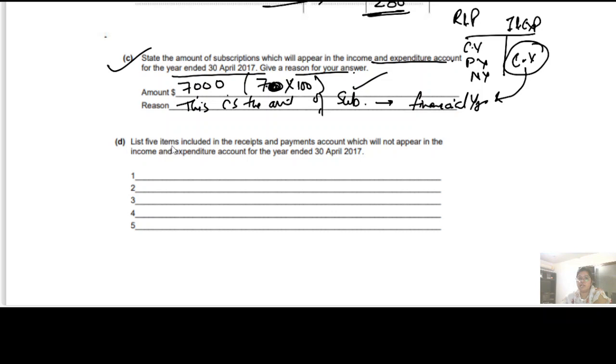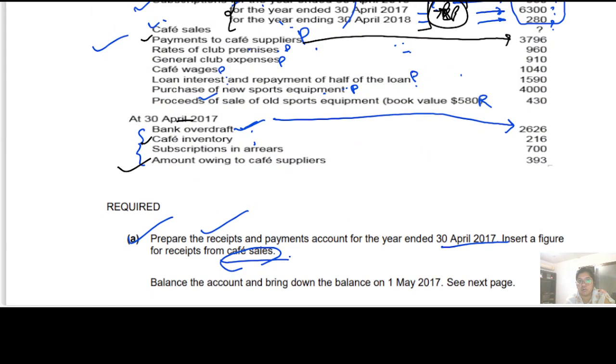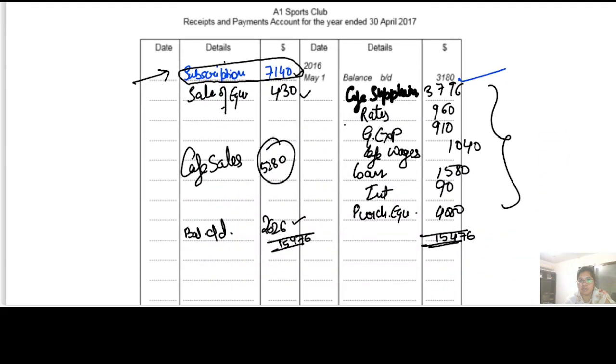Okay, now list 5 items included in the receipt and payment account which do not appear in our income and expenditure account. First of all, we have to open our receipt and payment account, and in A part they ask you to prepare the receipt and payment account. So what information are you not going to transfer to your income and expenditure account? The first thing is this 3180, you are not going to record.